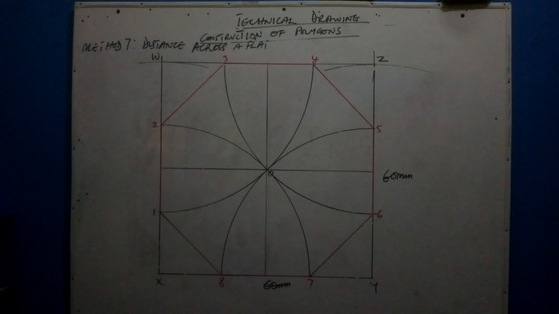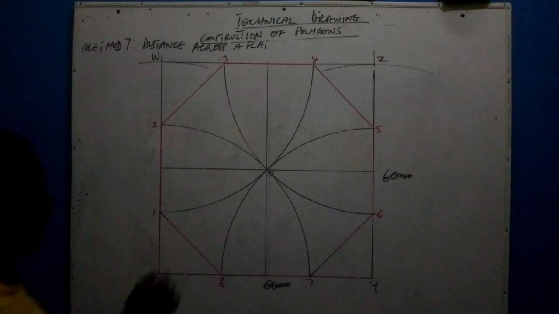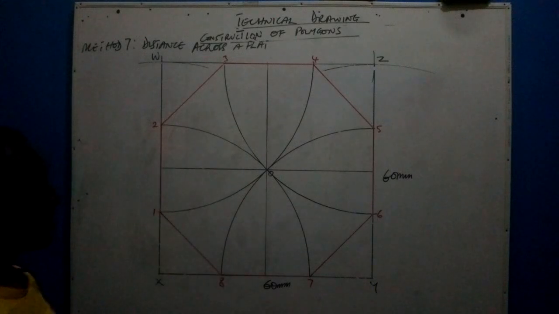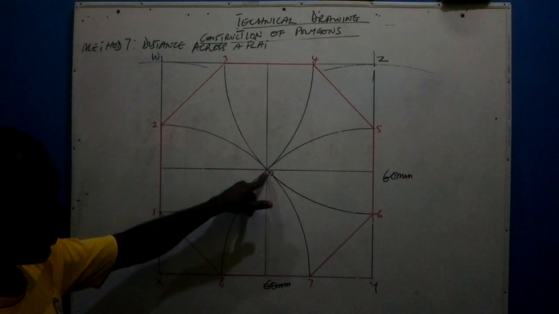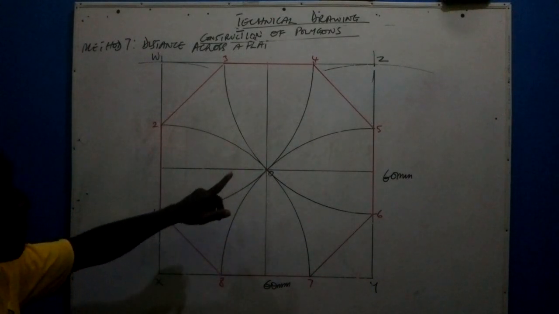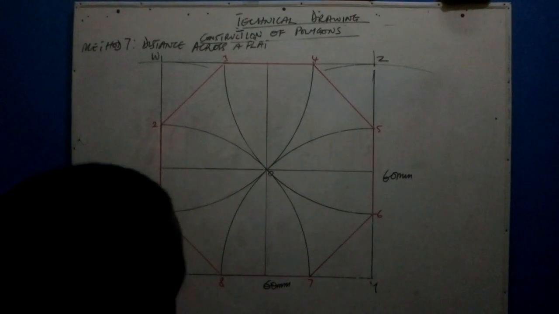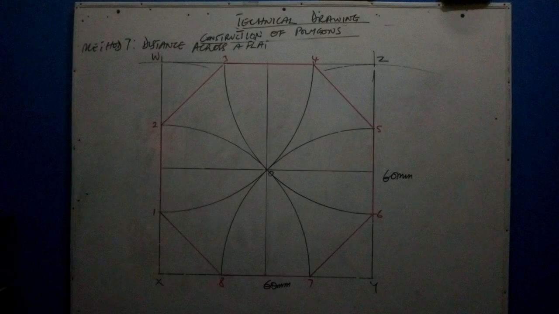Then you have obtained your octagon across a flat. If the arcs do not merge at a common point, it means that your work is wrong. You will not get the exact size of each side.